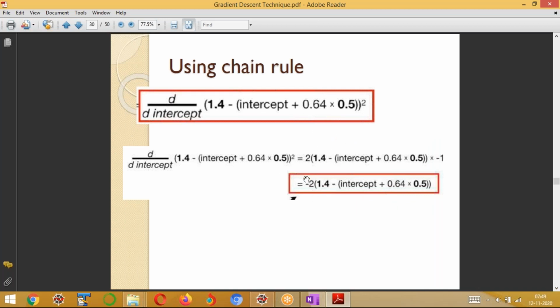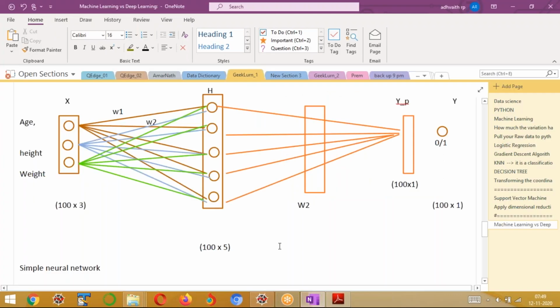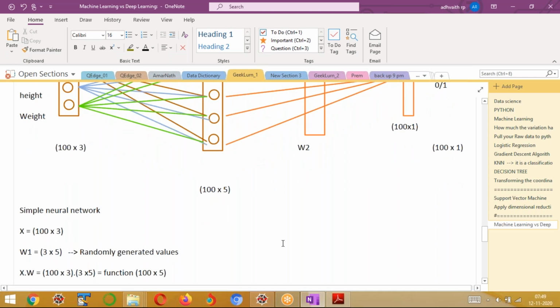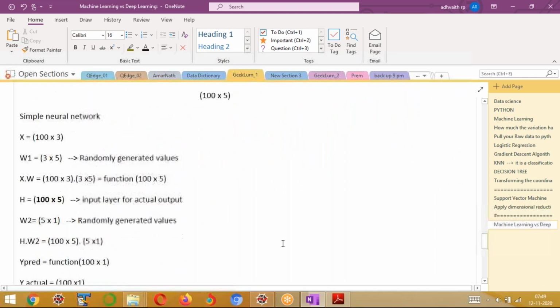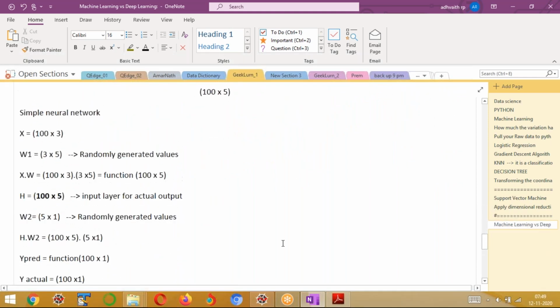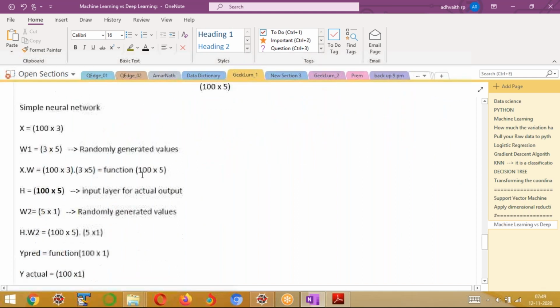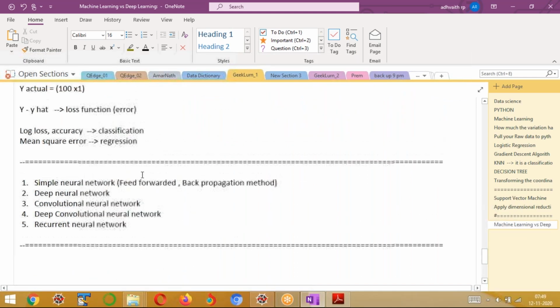Similar to this concept, here also we are trying to work on errors. These errors will keep on changing the weight values, so a big logical calculation is going to happen. So what is our loss function?